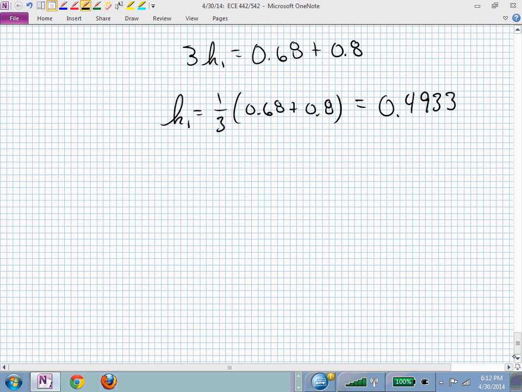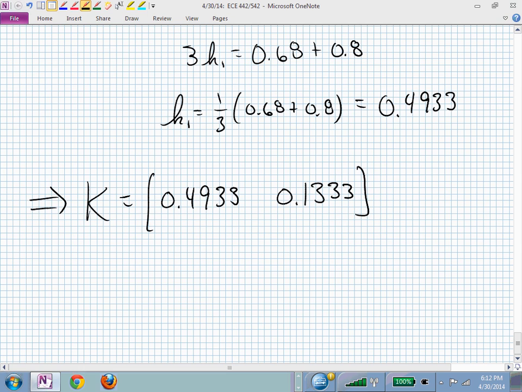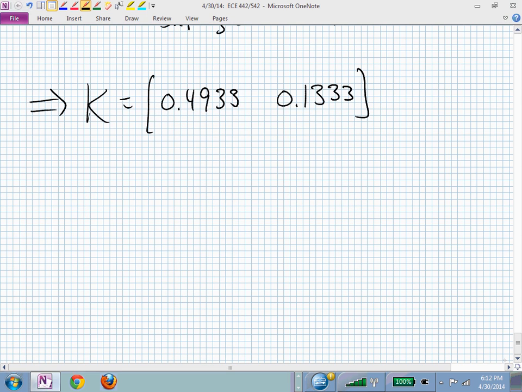We've now found our K. K is now k1, which is 0.4933, and k2, which is 0.133. That's what we were looking for, and we can now compute our full state feedback system matrix phi as this linear combination.